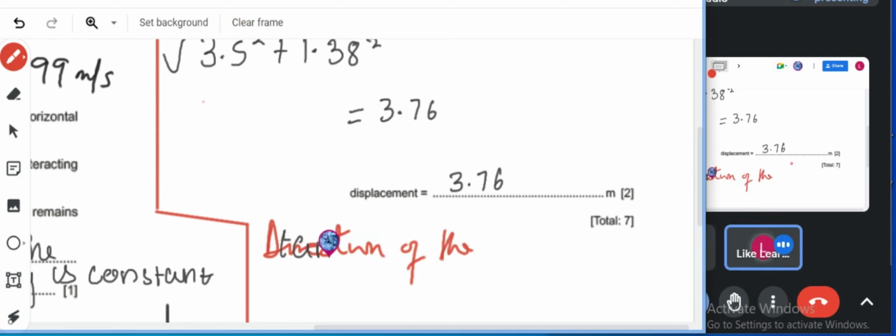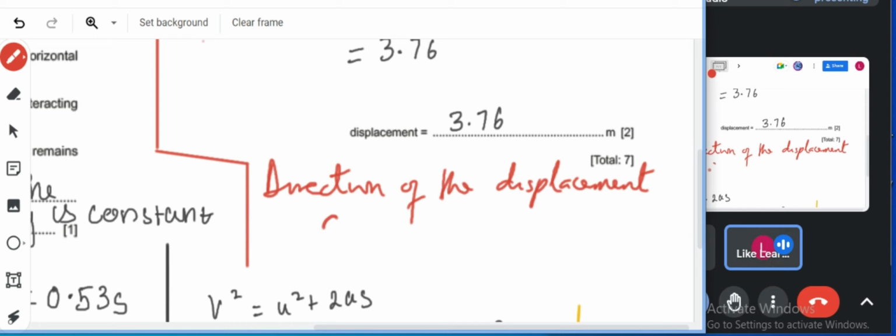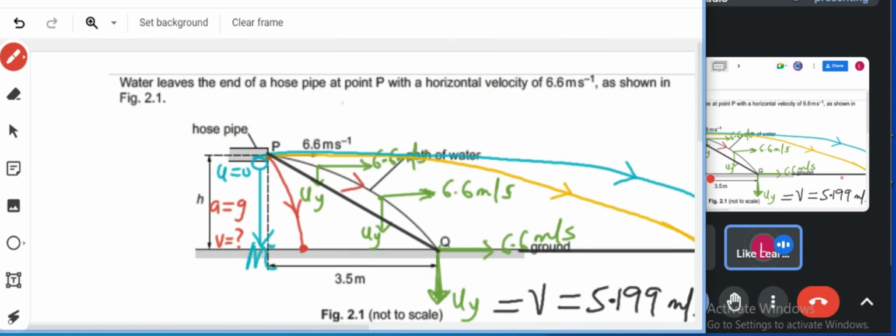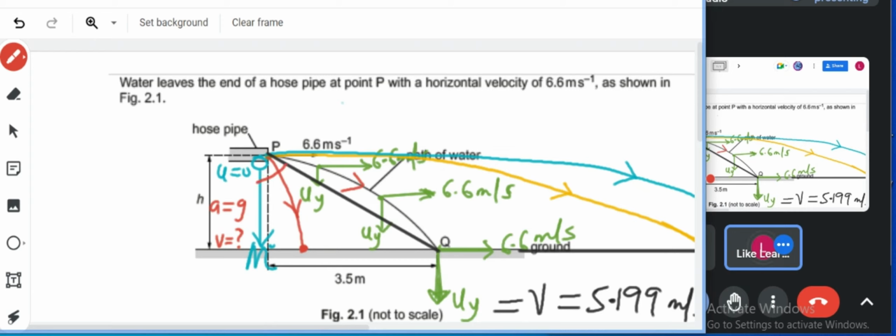Direction of the displacement is theta, which is this angle here. It's actually the angle it makes with the horizontal, though.